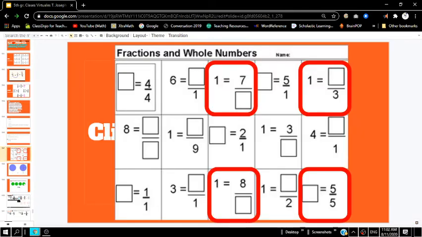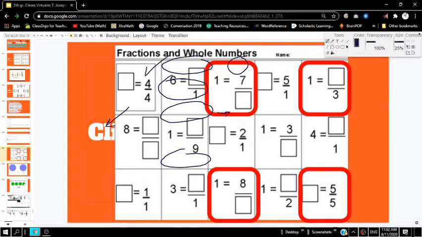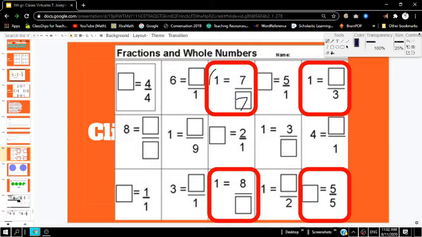Now that we've done a little bit of review, I just want to make sure that you understand that any number over itself equals 1. So when you're trying to convert a fraction into a whole number, it's important that you understand that, for example, 7/7 is equal to the whole number 1, or 3/3 is equal to the whole number 1.